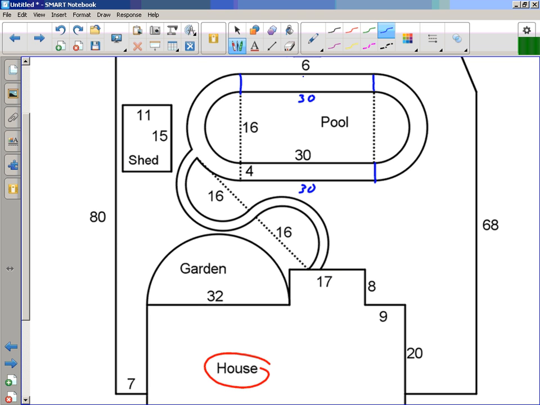This is going to be 30. This is 4 here, so 4 and 4 and 4. I believe this is 16 here. Then as I move around, it looks like I'm going to have 8 down here, copy across.